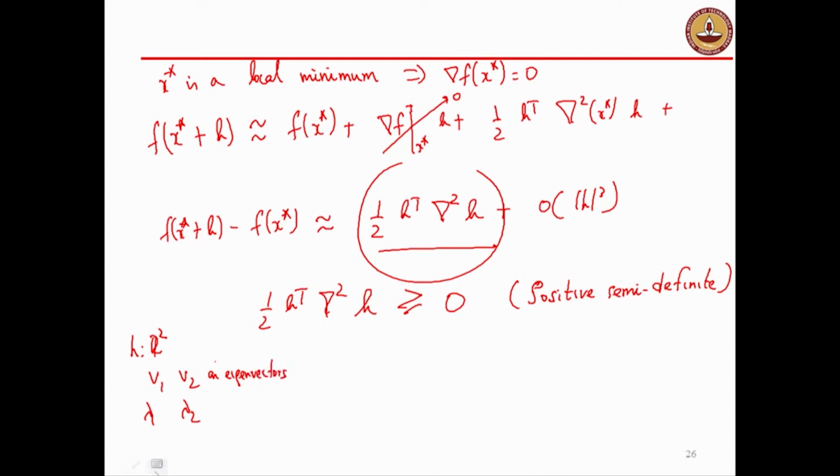Let me again clear this up. This is my second order necessary condition. Let us take f from R2 to R. V1, V2 are my eigenvectors, lambda 1, lambda 2 are my eigenvalues.